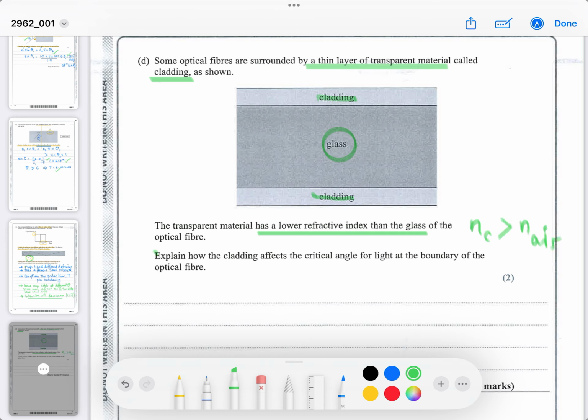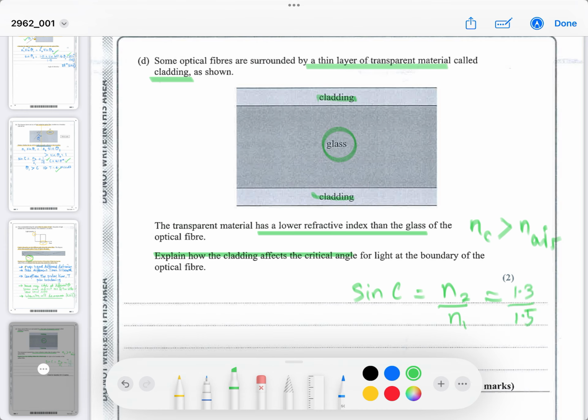Explain how the cladding affects the critical angle. So remember, sine C will be equal to N2 divided by N1. N1 is the core glass. So say it's 1.3 divided by 1.5.